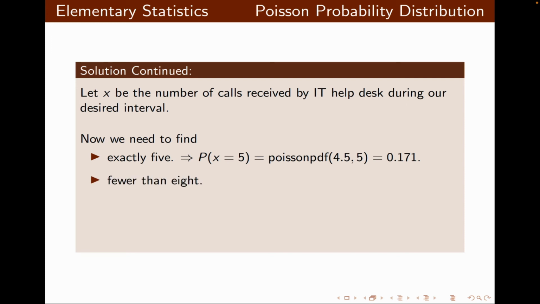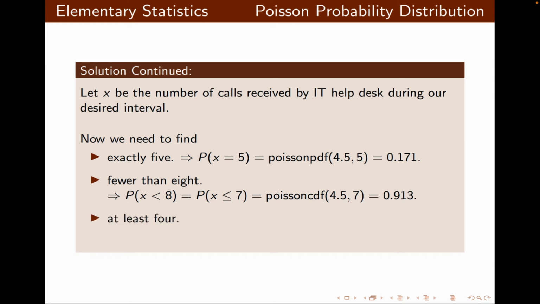To get fewer than 8 calls, that means probability that x is less than 8, which translates to probability that the number of calls is at most 7, so it would be less than or equal to 7. Now we're going to use Poisson CDF with a mean of 4.5 and an x value of 7, and the answer is 0.913.